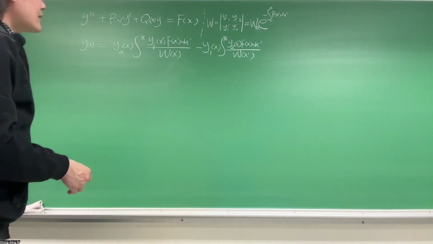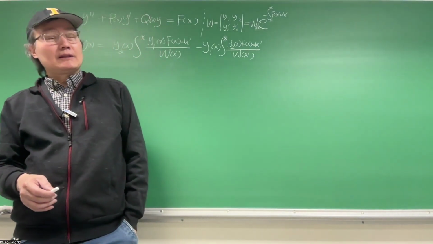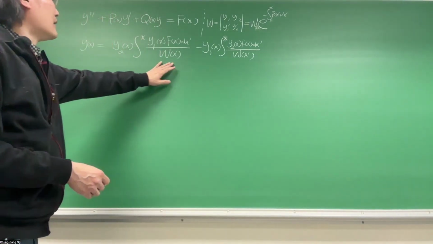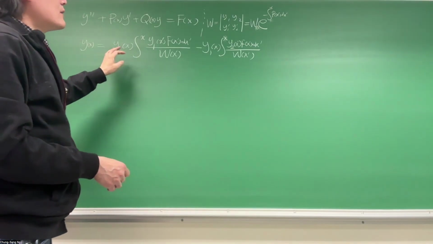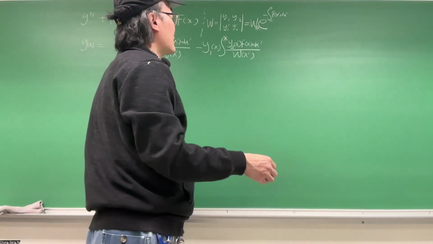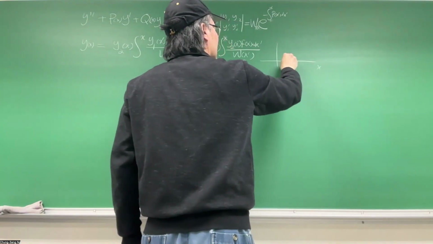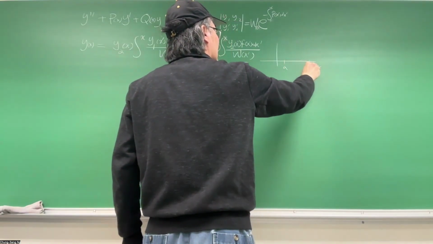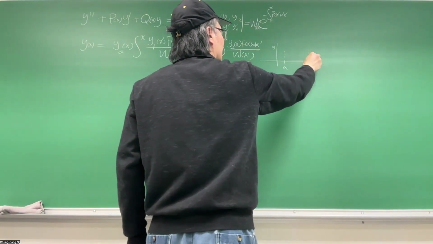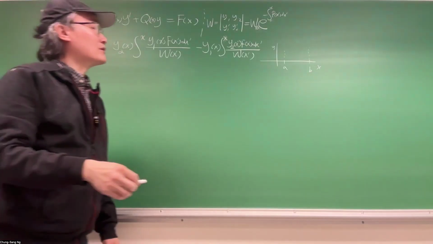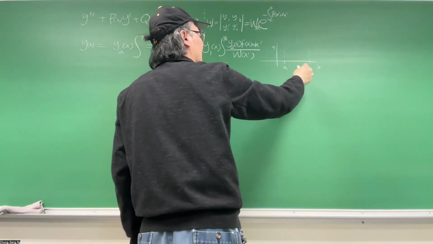And one particular kind of boundary condition can be easily satisfied using this Green function method. This is the so-called two-point boundary condition. So you have a domain x from a to b, and you want to solve for y from a to b, right? Usually the boundary condition is given at two points, one at a and one at b.